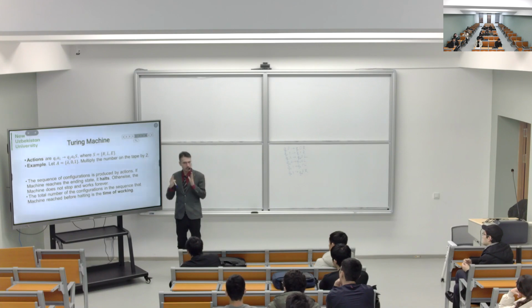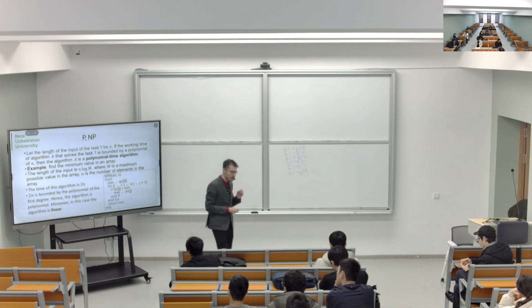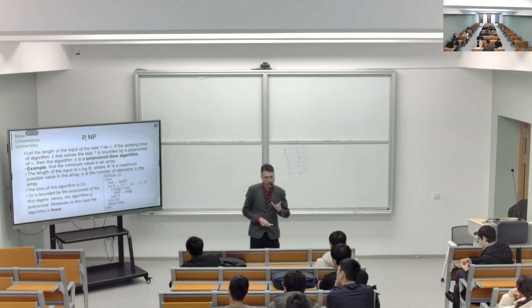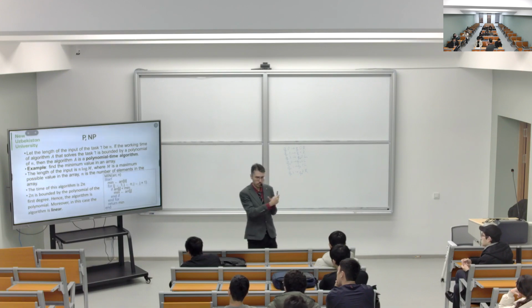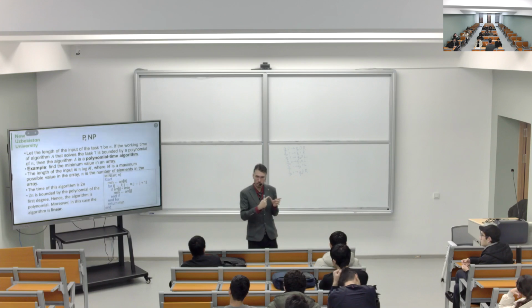So you need some estimation. So we will base this estimation on the length of the input. We have the input, so we can count the length, the number of non-lambda symbols. So we can count it.